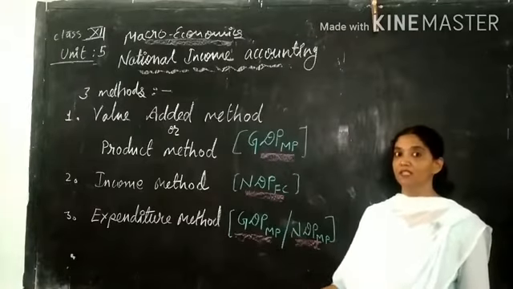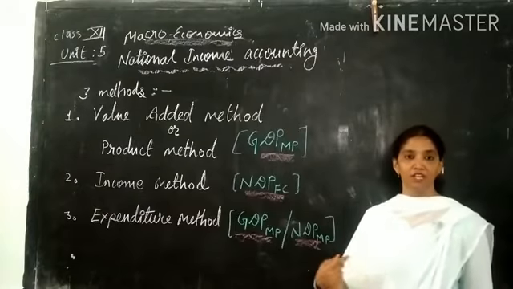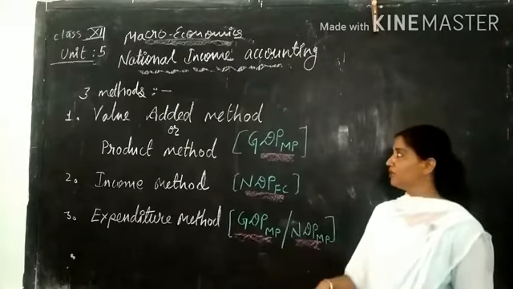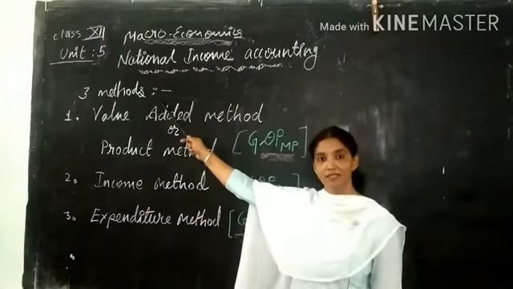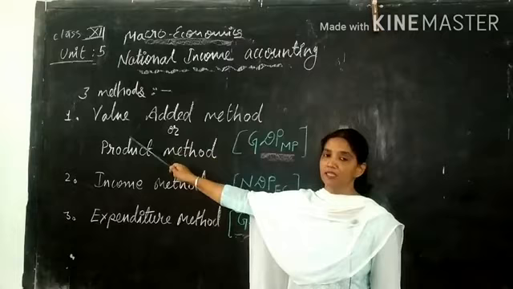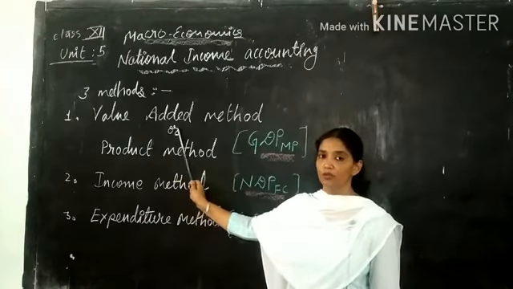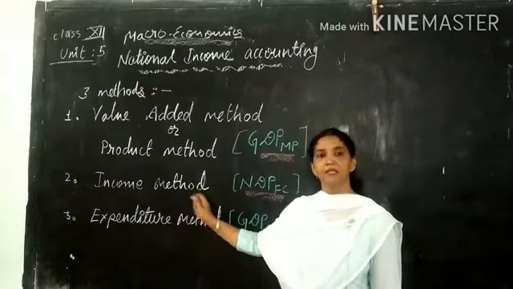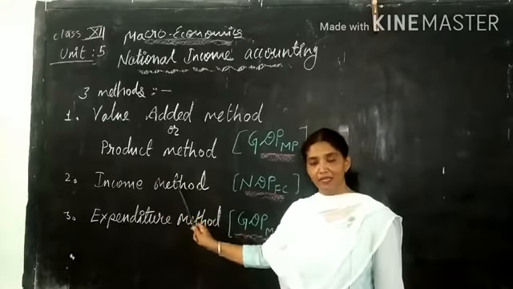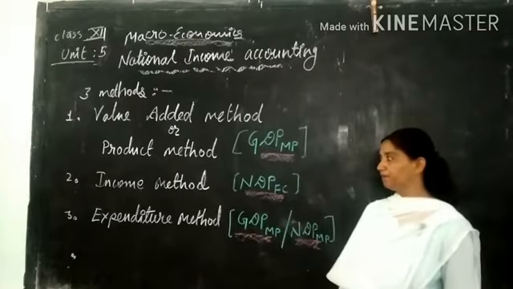It means we will discuss different methods for measurement of national income. In my previous video, I told you that there are three methods to calculate or estimate national income. First method is value added method, also known as product method. Second method is income method, also known as factor income method.